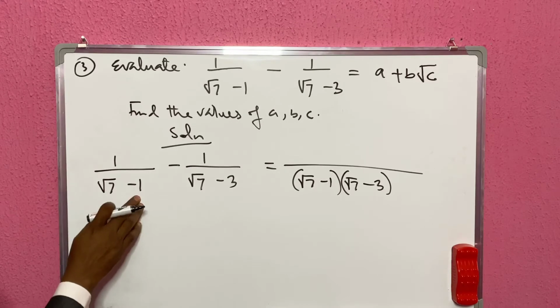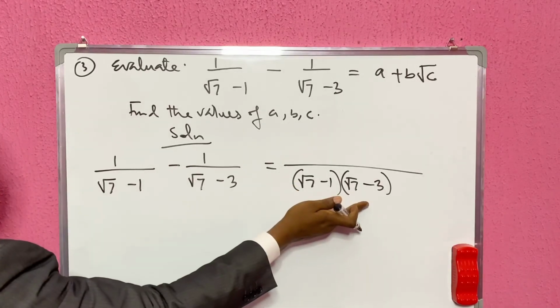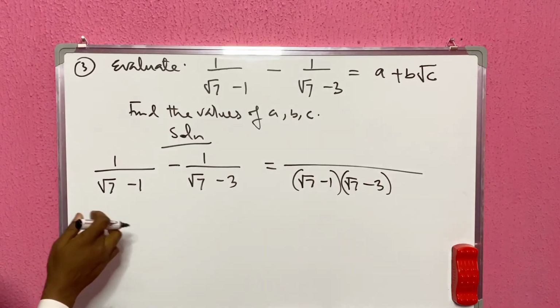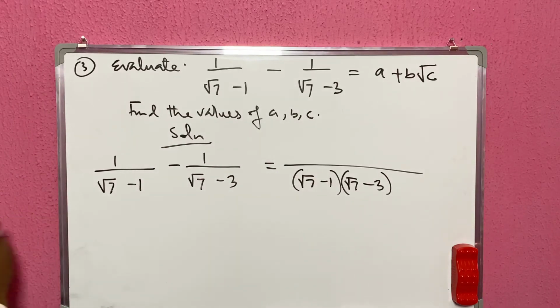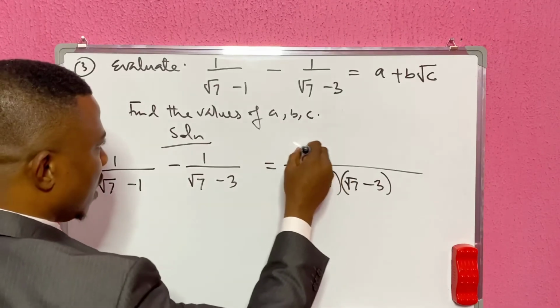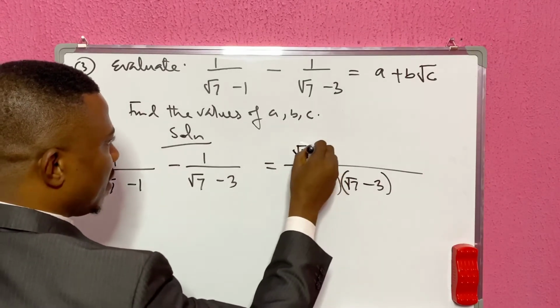Root 7 minus 1 divided by this, multiply by 1. You have root 7 minus 3.